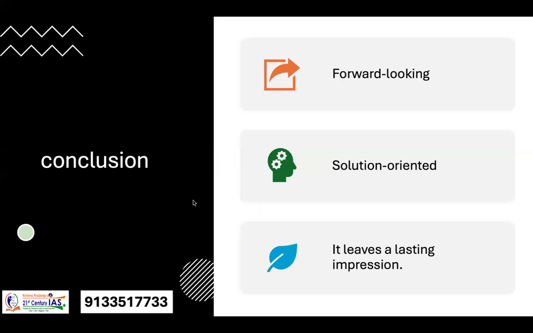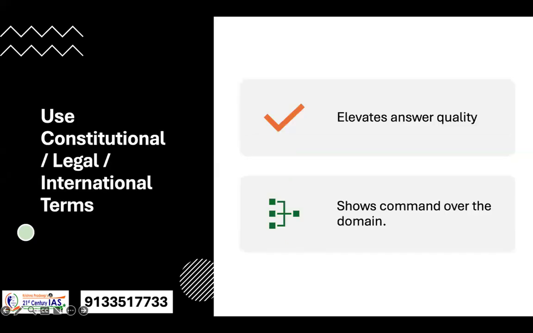While doing all these things, you are supposed to use constitutional, legal, and international terminology. It will elevate the quality of the answer, and it shows command over the domain subject.